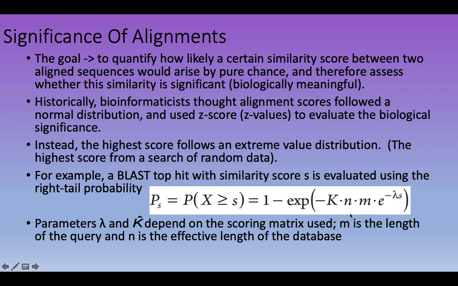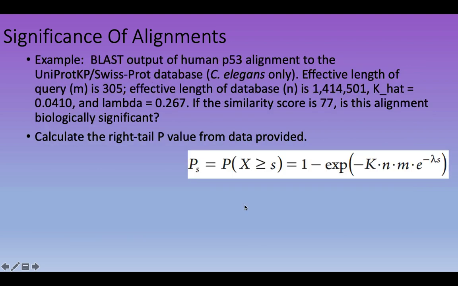So there's a little bit of a shift here in terms of what we're targeting, but we're still using this parameter lambda and this parameter k hat. But now we're testing whether S, a similarity score, is such that, what's the probability I could find a random variable that's better than the similarity score I calculated.